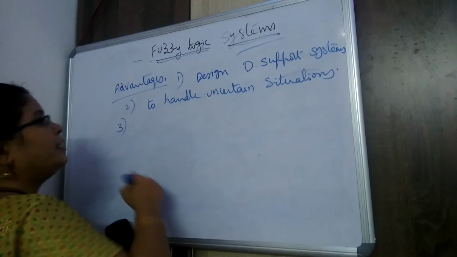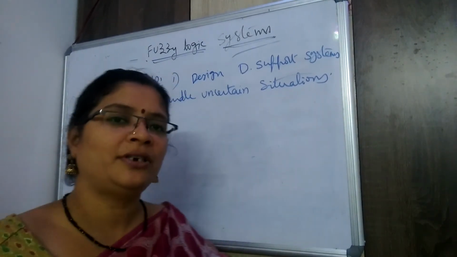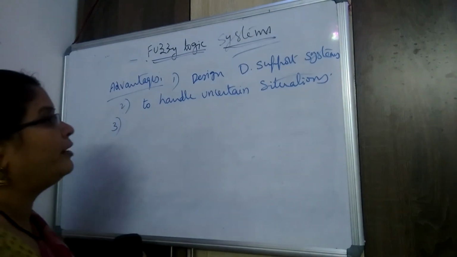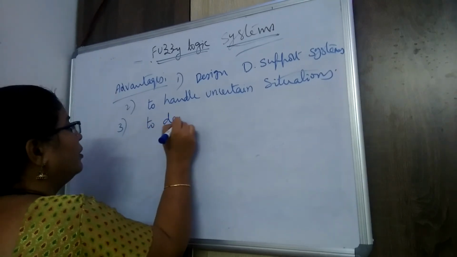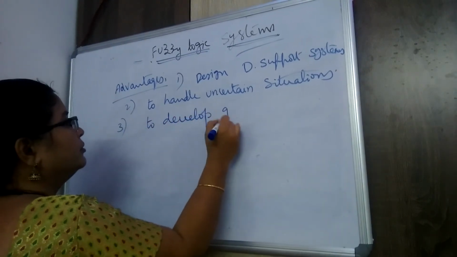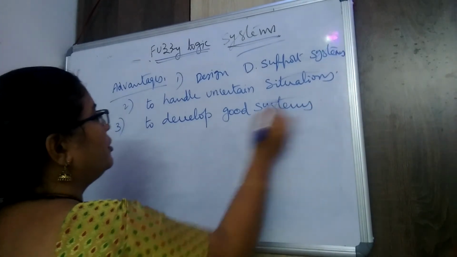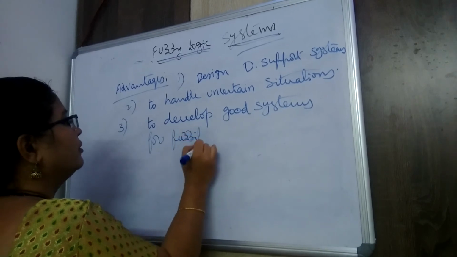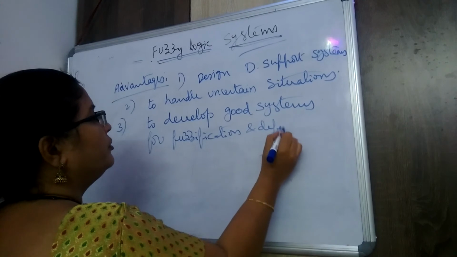Uncertainty can be successfully handled with the help of fudgy logic systems. And they help to design very good and efficient fudgy logic systems, and to develop good systems for fudgification and defudgification.